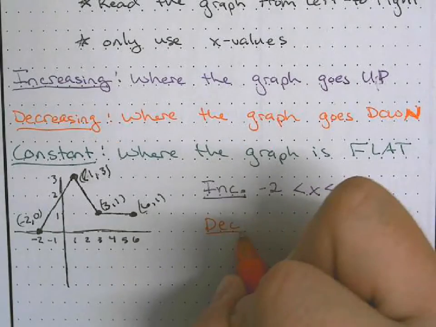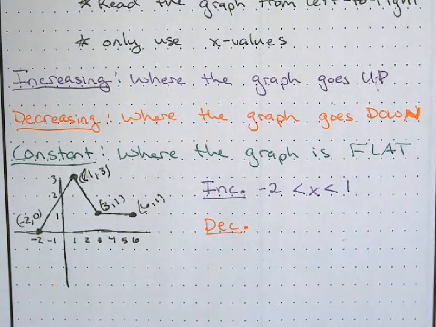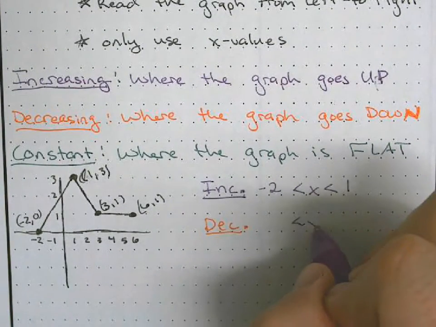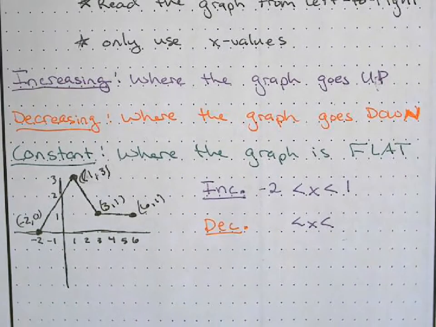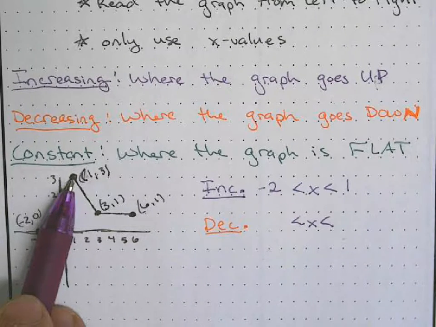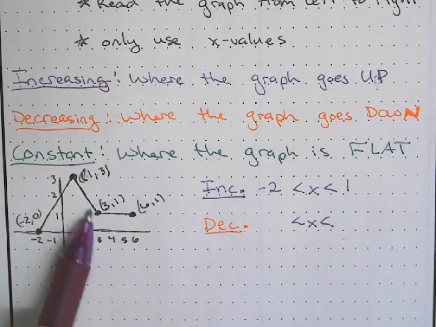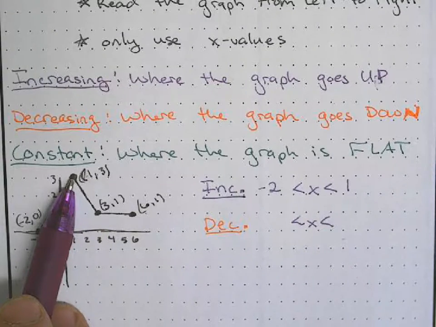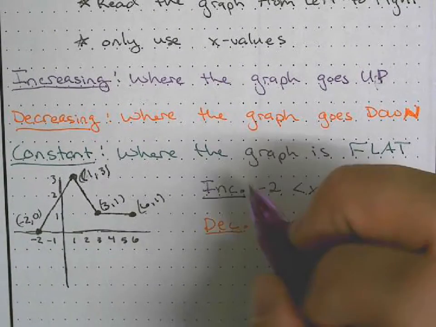Decreasing is where we're only looking where it goes down. And again, I'm only looking at the x values. So let's find that place where it looks like it's going down right here. Where does it start going down, and where does it finish going down? So I'm starting at 1, and then I finish at 3.